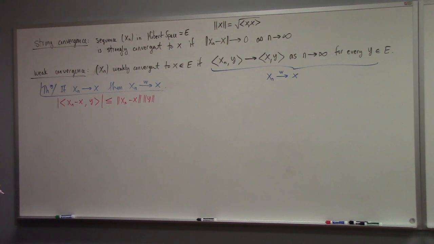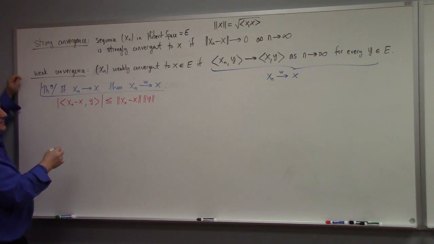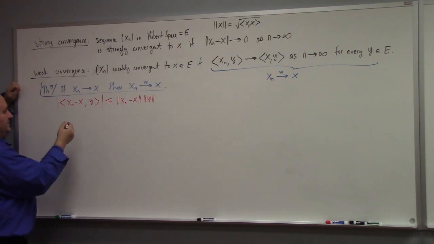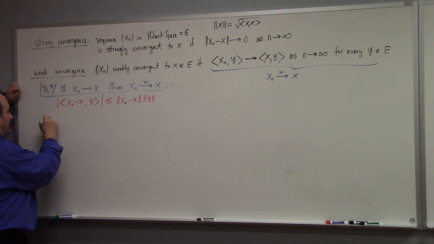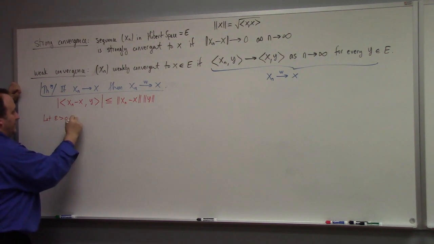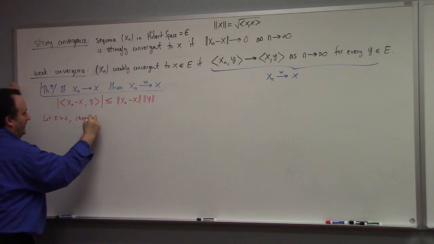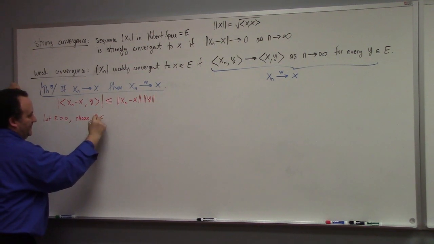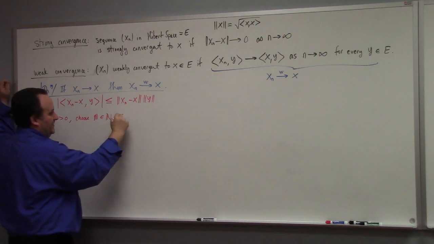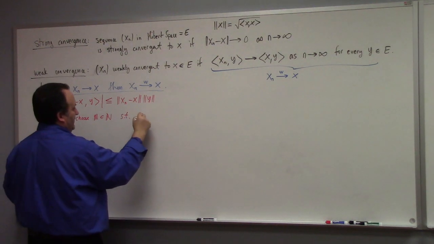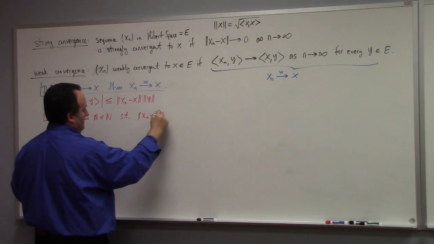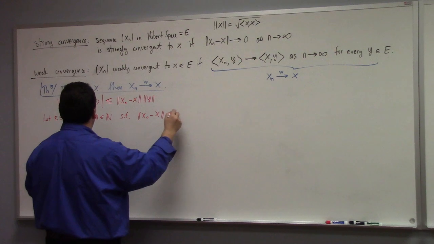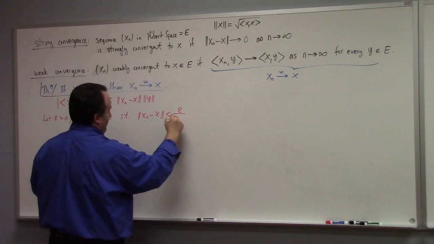So basically, if I let epsilon be greater than 0, I can choose n sufficiently large such that the norm of xn minus x is less than epsilon over the norm of y.